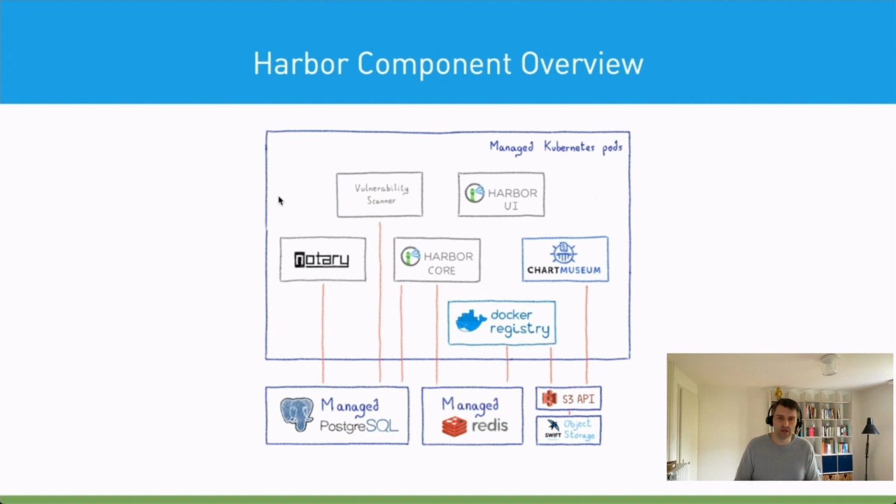So Harbor is based off of multiple components, and those components are open source projects by themselves. For example, Harbor is a wrapper around the Docker registry, which is this open source project. So it wraps the Docker registry, provides a UI over it.